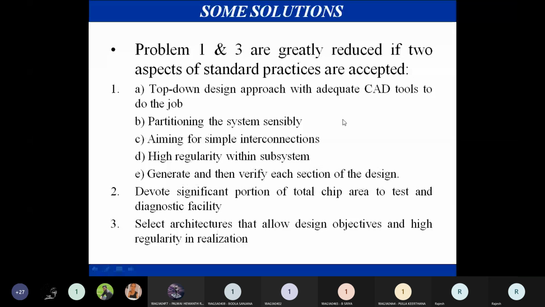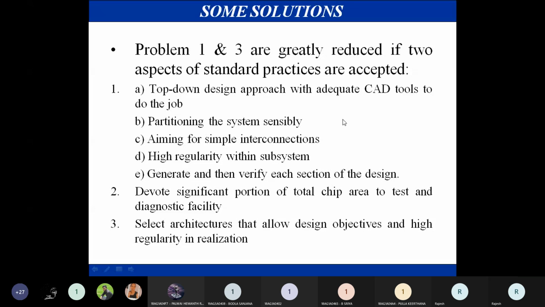So problems 1 and 3, designing in a reasonable time with reasonable efforts, and also testing the design, are solved by a top-down design approach, partitioning the system sensibly, aiming for simple interconnections, and high regularity within the subsystems.